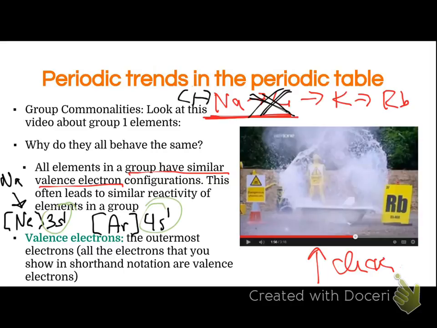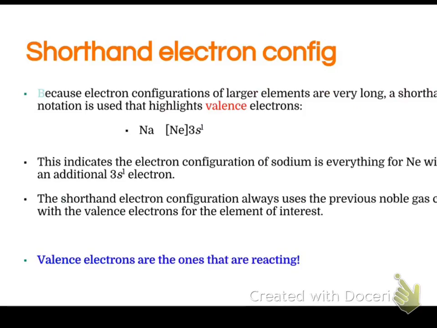They both have one outer valence electron. So as it turns out, they all react the same because they are all trying to get rid of that one outer electron, because when they do, they have an electron configuration similar to the noble gas before them, which is very, very stable. Everybody just wants stability, so that's what they try to do.